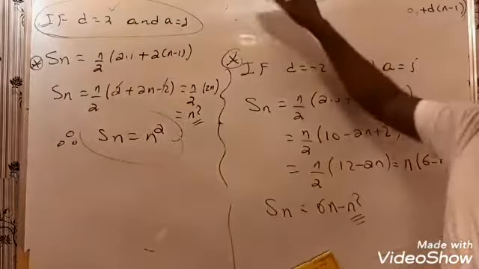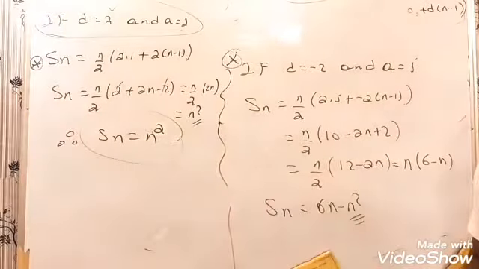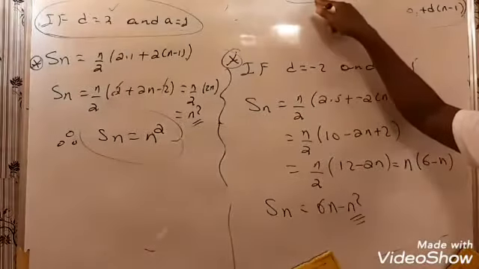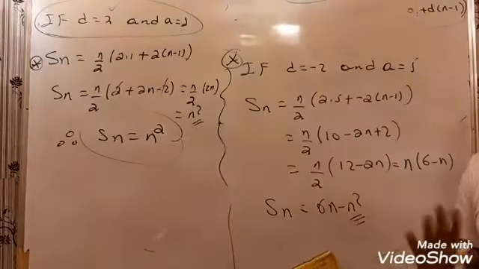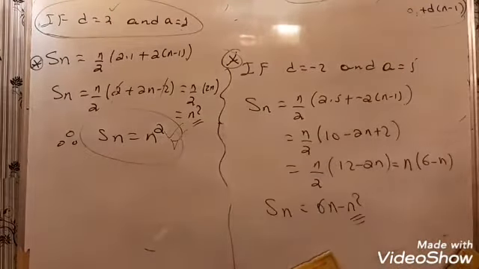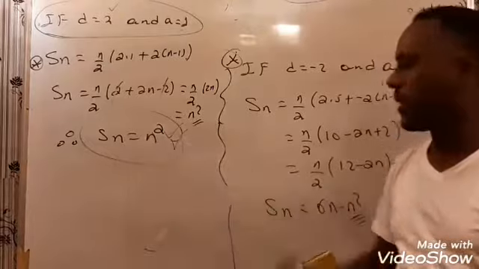That means for any arithmetic progression, if the general term for the sequence is positive, the common difference between the terms has to be positive. If that is so, our answer will be given by this one. That is Sn will be n squared.